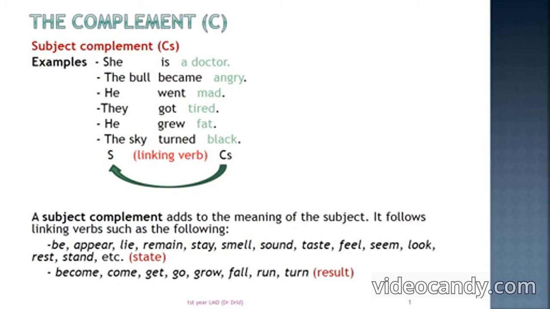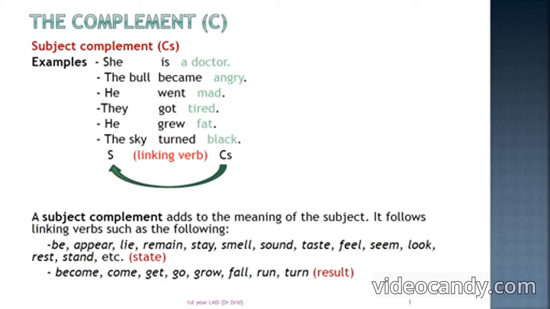In each of these examples, there is an element which describes the subject. It completes the meaning of the subject. In sentence 1, for instance, a doctor is related to she. It adds something about she.